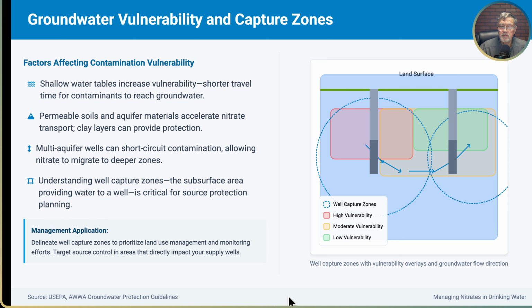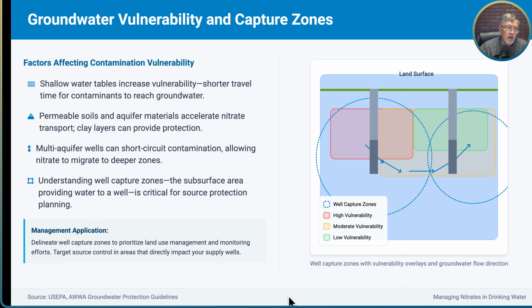Clay layers can provide protection, and that's usually vertical protection from downward migration of nitrates. Nitrate does not sorb to the clays, so you're not going to get a lot of nitrates sorbing to the clays, but it's going to provide inter-aquifer protection, basically acting as an aquitard and keeping the nitrates from migrating into lower zones.